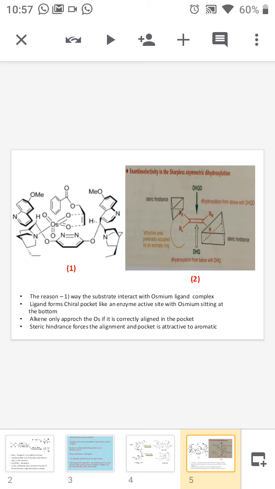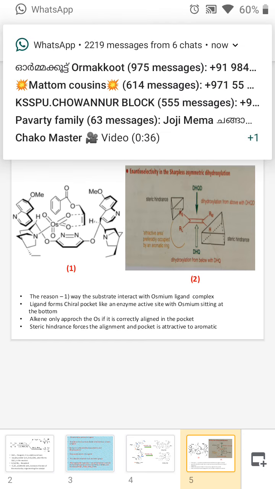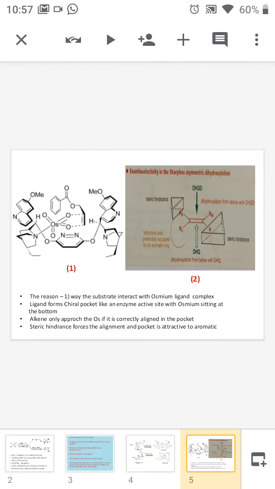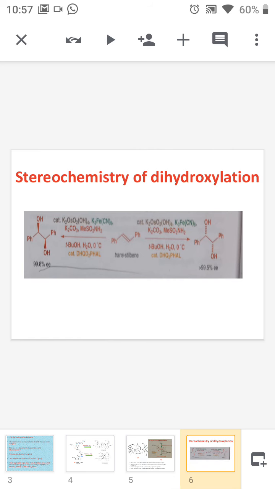Now, one of the important points is that if you are using DHQD as the alkaloid for complexing the osmium tetroxide, we will get a diol in which the hydroxyl groups are towards the observer, but if you use the DHQ alkaloid ligand, then our product will be the diol in which the OH groups are away from the observer.